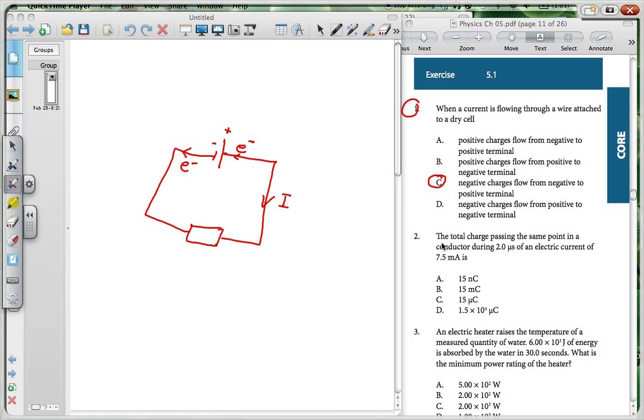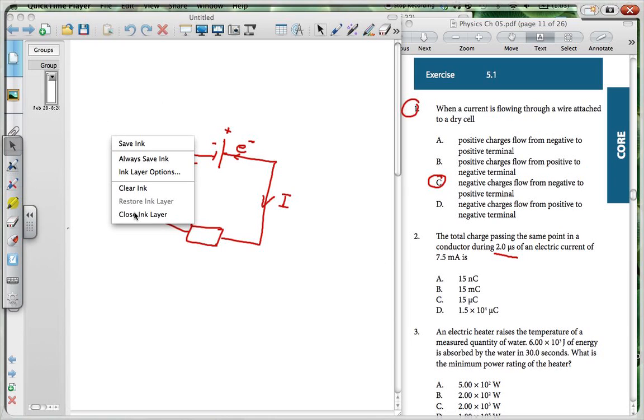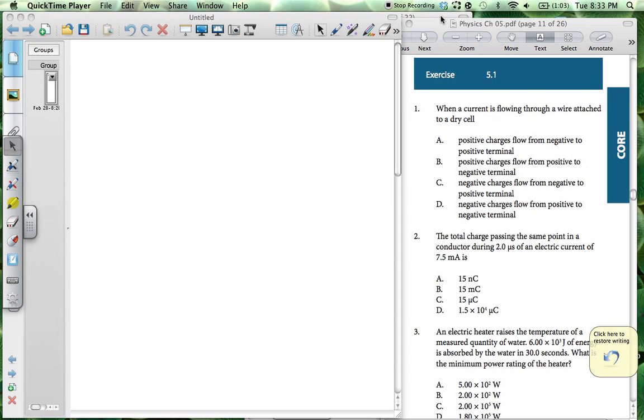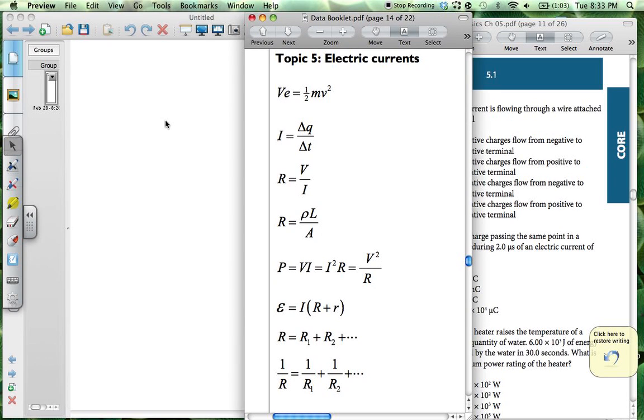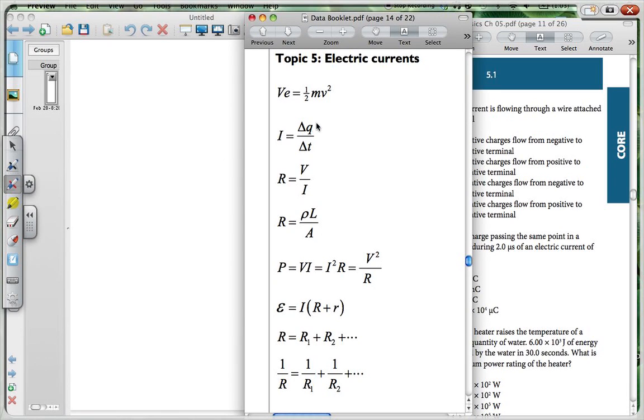Question 2. The total charge passing the same point in a conductor during 2 microseconds, of electric current of 7.5 milliamps. Okay, so in looking at this, let's call up our data booklet. We're going to be using that formula over there, so let's just write that in.